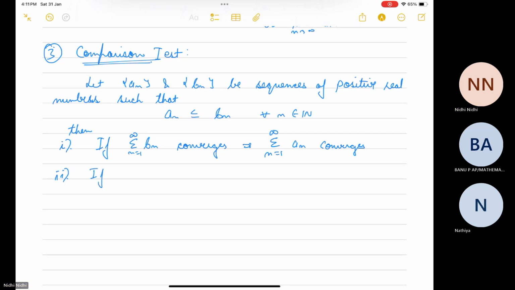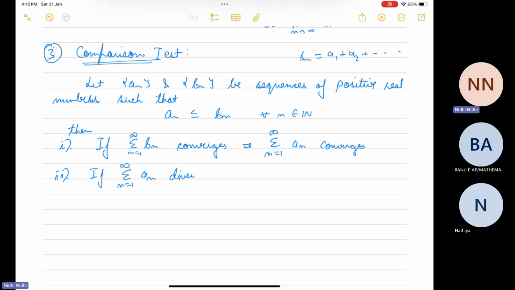If summation n from 1 to infinity an diverges, diverges means the sequence of partial sums is divergent, it is tending to infinity. Obviously, because an and bn all are positive terms, this sequence Sn will be a1, a2, and so on, the sum of positive real numbers.